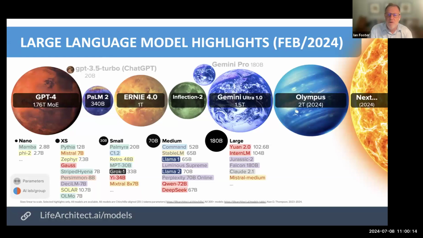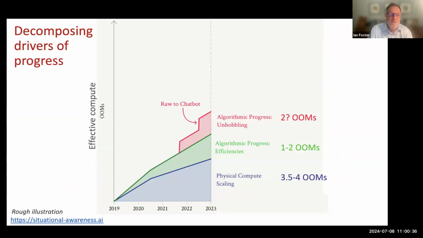So anyway, models are getting bigger. There are models now with trillions of parameters. We won't go into the details of what they are, but there are many models with tens of billions, some with trillions of parameters. So I'd like to spend a few minutes now on another topic, which is this fascinating report, which I encourage you to have a look at, situational-awareness.ai.